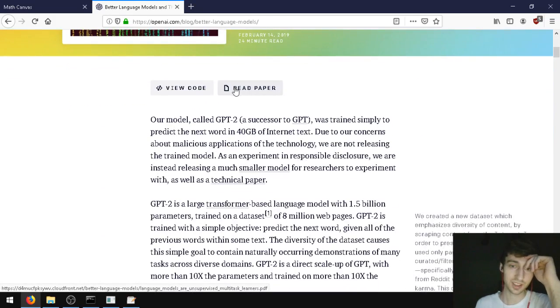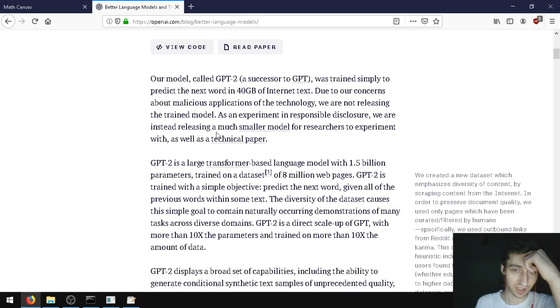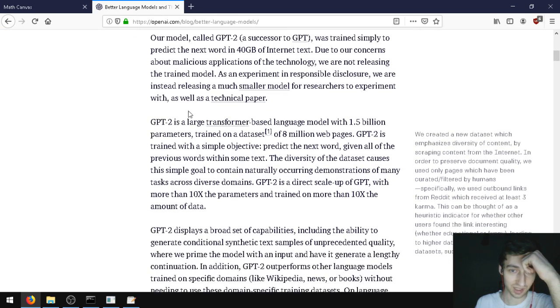Oh my god. Was trained simply to predict the next word in 40 gigs of internet text. Holy shit. We are not releasing it. Oh, that's really interesting. Transformer-based language model with 1.5 billion parameters. Holy. I swear to God, machine learning is really just throwing giant numbers of neurons at things.